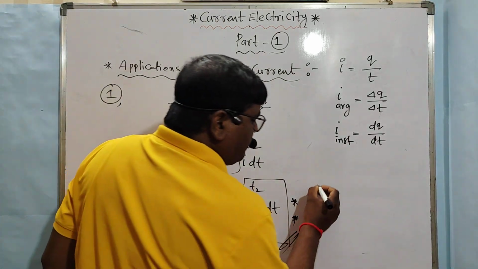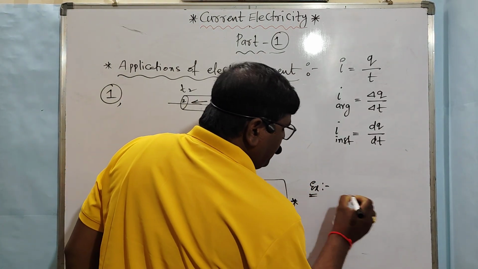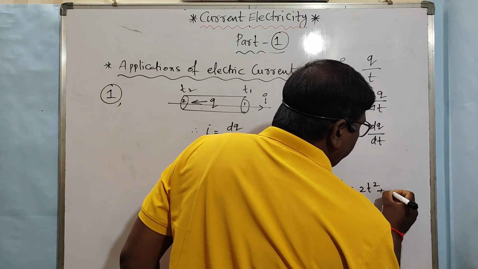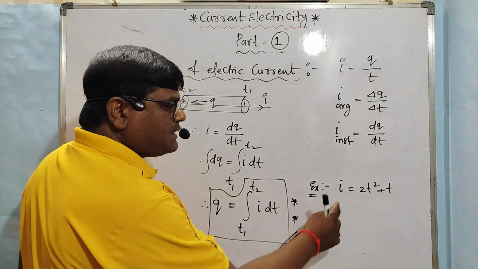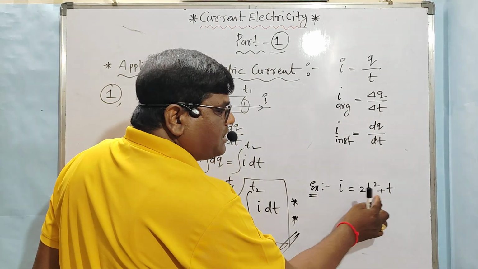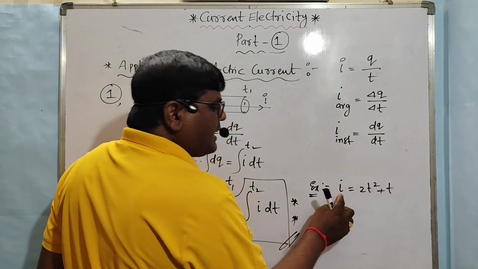They will give, for example, I is equal to 2t square plus t. This means the current is changing with respect to time. If you change the time, the current will change.